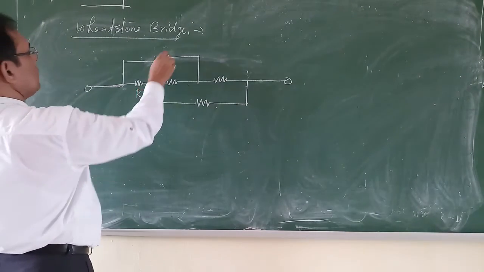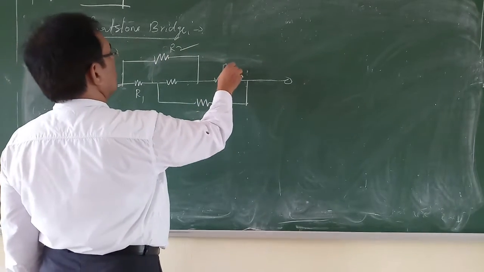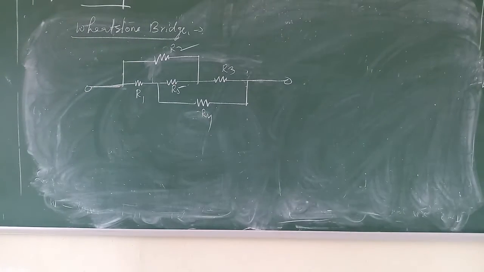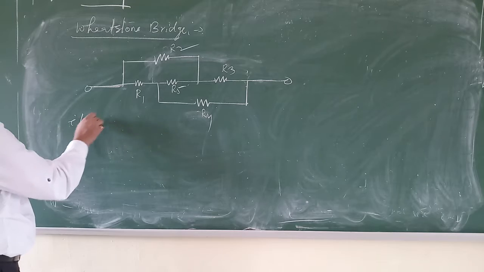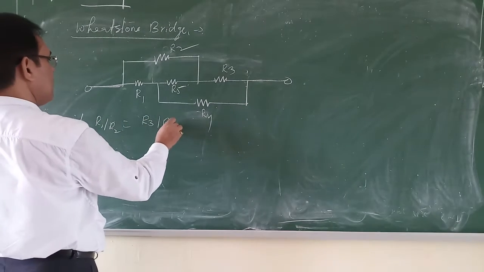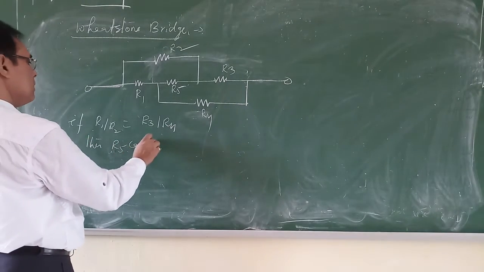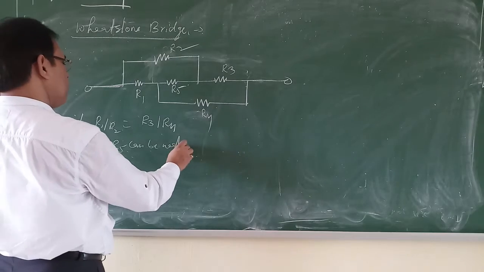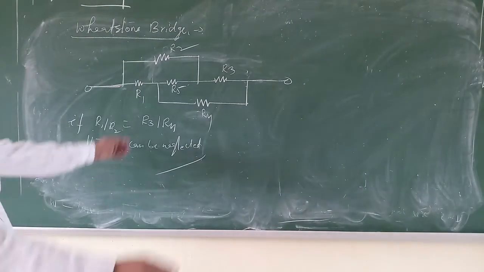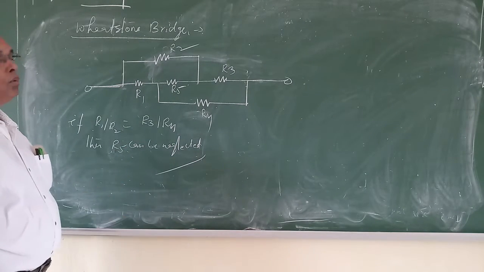Let this be R1, this is R2, this is R3, this is R4 and this is R5. Same thing, if R1 by R2 equals R3 by R4, then R5 can be neglected. So the same method you also apply here like a Wheatstone bridge.